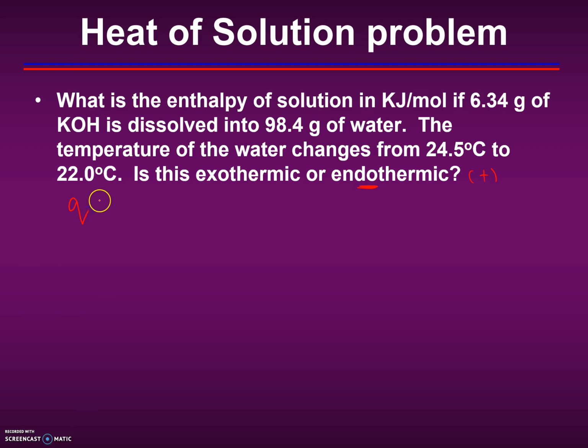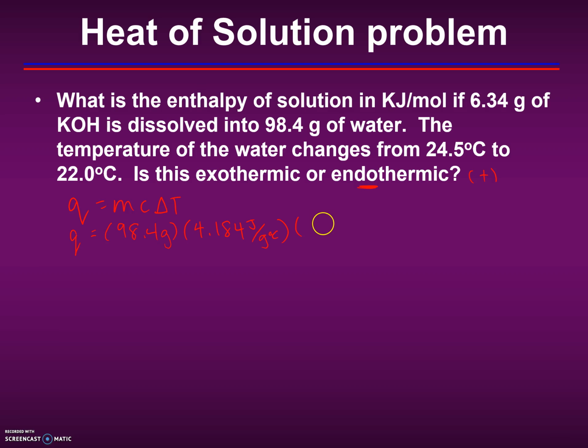To do a heat problem, Q equals mc delta T. And I'm looking at the heat that the water has absorbed from this reaction. So the important thing is that I'm measuring this for water. So I need to use the mass of the water, 98.4 grams. I need to use the specific heat capacity of water, the constant 4.184 joules per gram degrees Celsius.